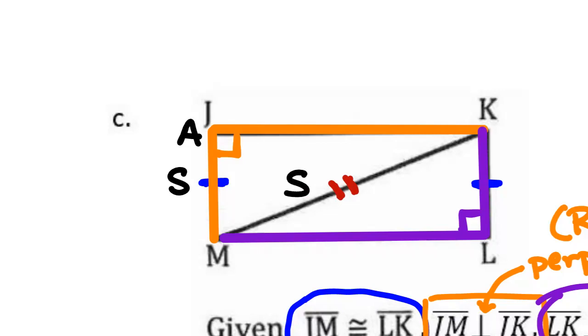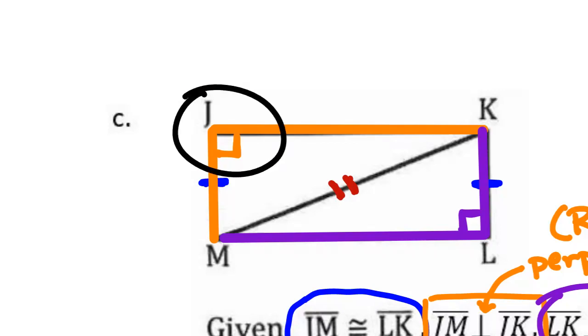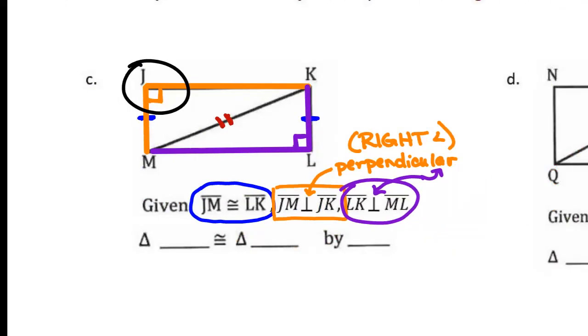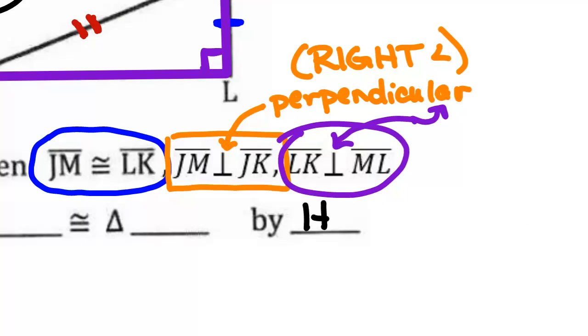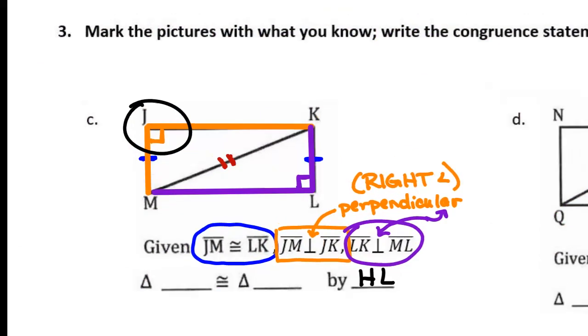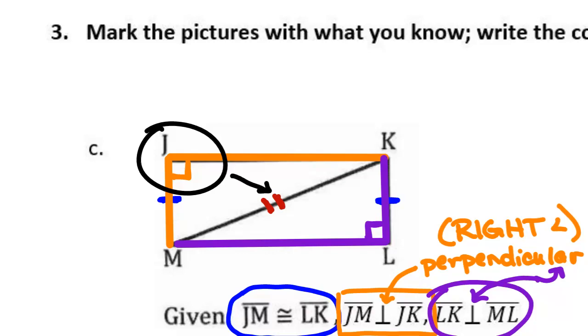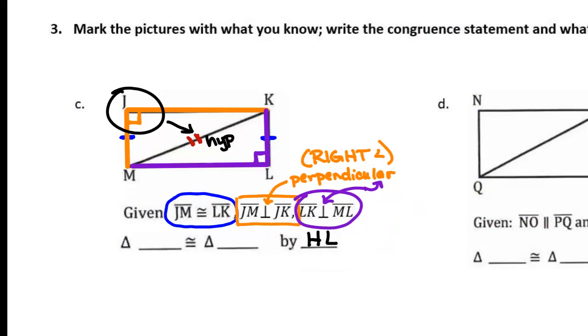Oh, can I do that one? I can't do that. But what kind of angle is this here? It's the HL, hypotenuse leg. This guy right here is across from the right angle, so that is my hypotenuse. That's my shared side, and we know it's congruent.